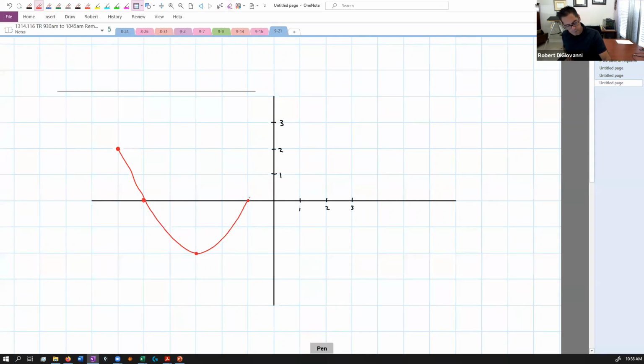Oops. All right, there's the picture of the function. This is the graph of f right there.